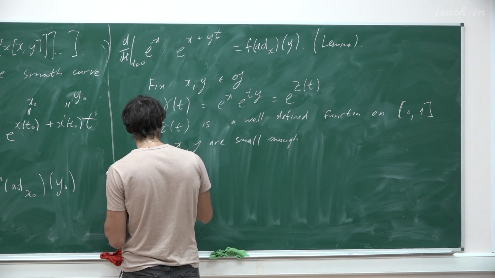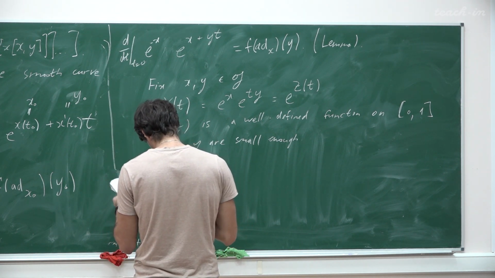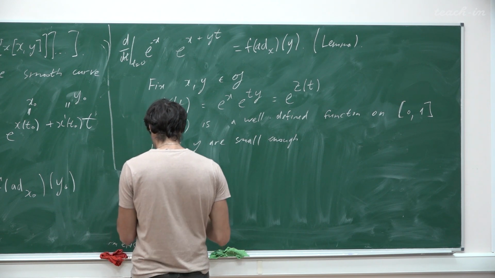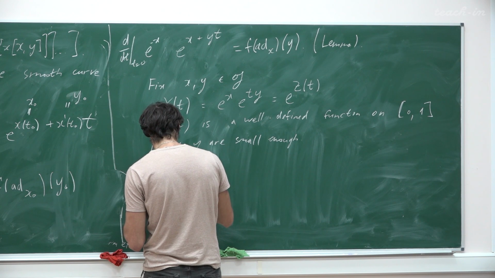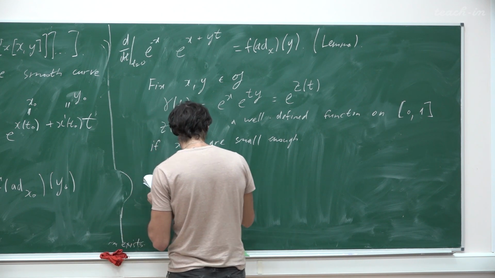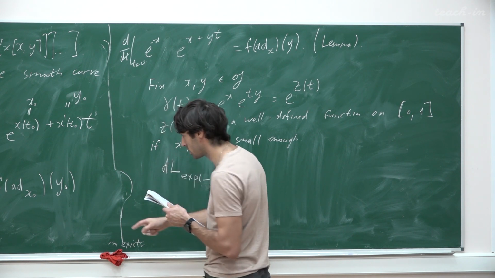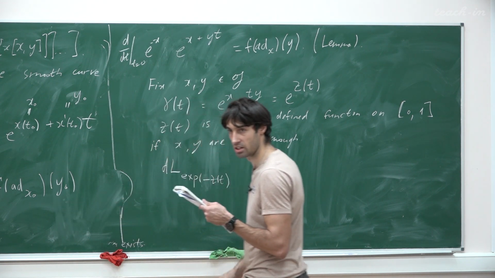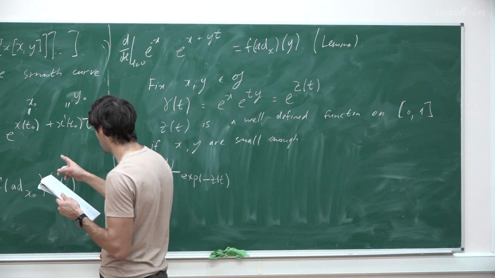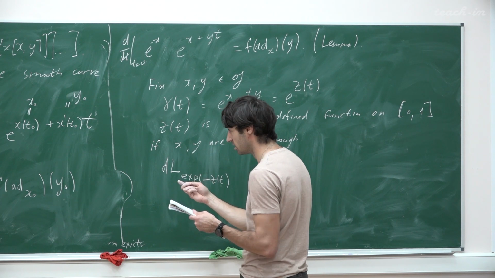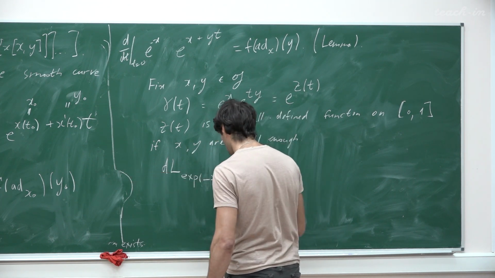Then I say what? dl of exp of negative z of t. This is just an application of this thing, right? So t now is my t0, and I take the derivative around t. So this is actually x0, this one.